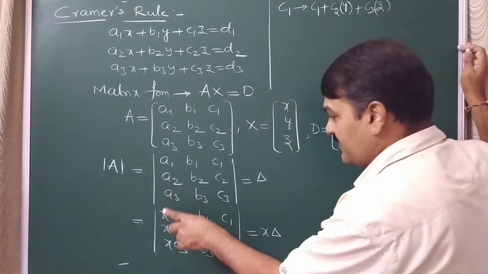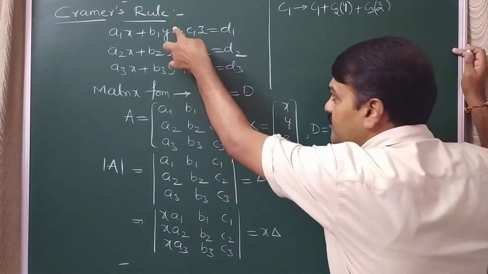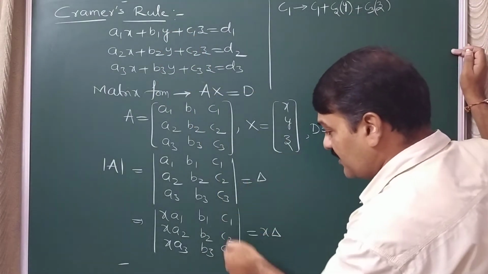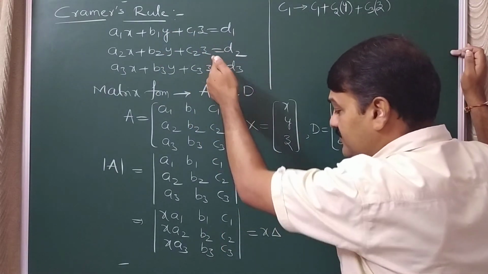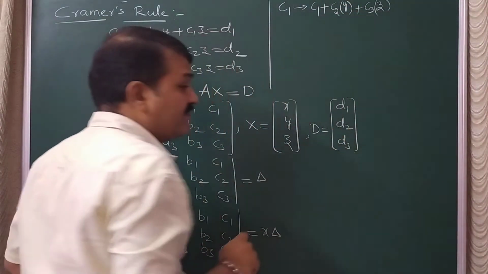So I will do C1 plus the second column multiplied with y to get these terms, and the third column multiplied with z to get these terms. This is what I am going to do for the first column.